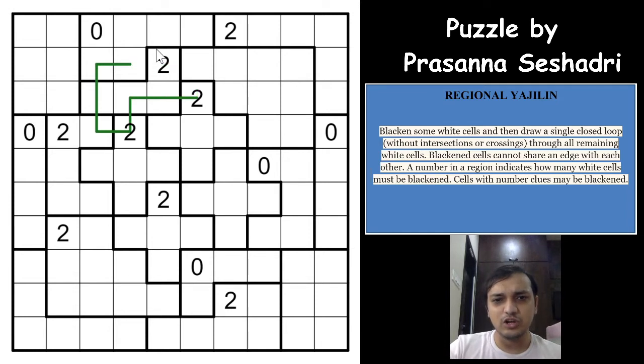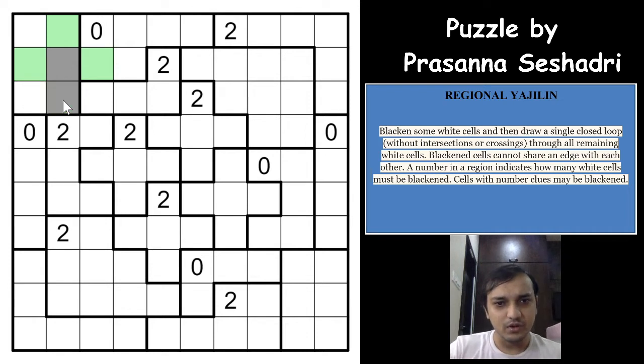You cannot intersect the loop, and the loop cannot pass through a cell twice, just once. And if you shade a cell, the orthogonal four cells cannot be shaded. It means that there cannot be two shaded cells adjacent to each other in the grid.